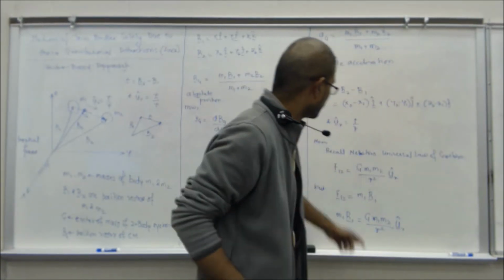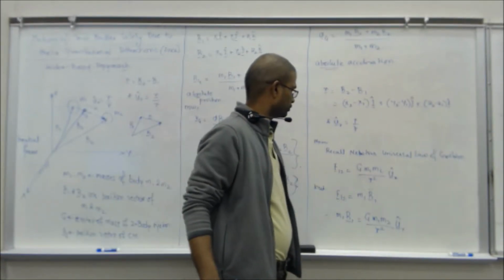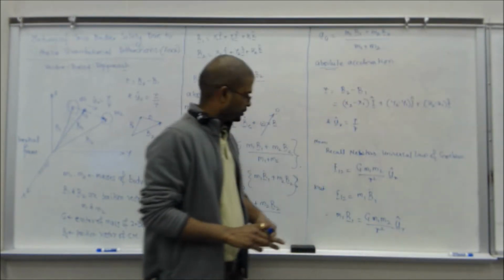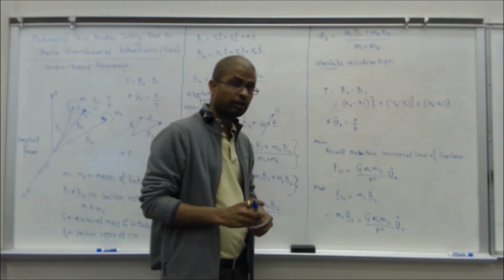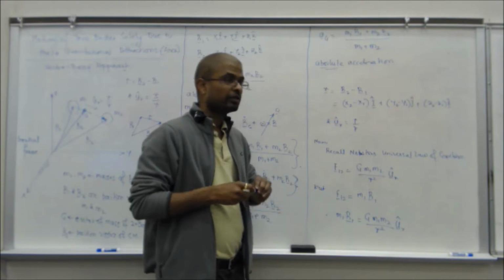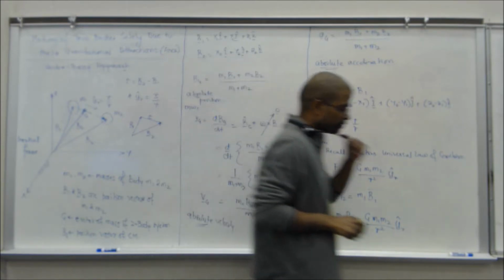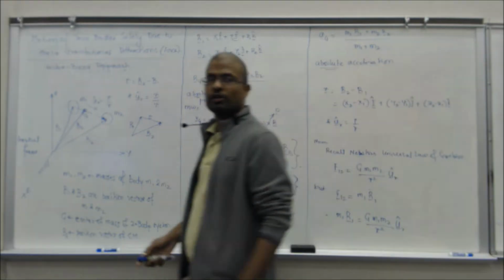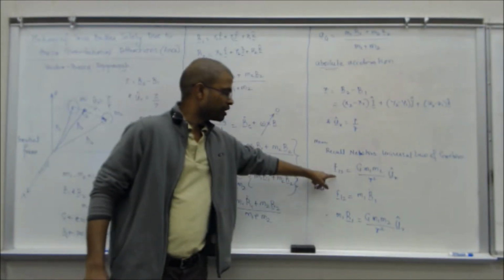What is this law? The law of gravitation. Right. So what does it say? Force of gravity is G M1 M2 over r squared. You have to clearly understand what F12 means. It's not the same as F21.